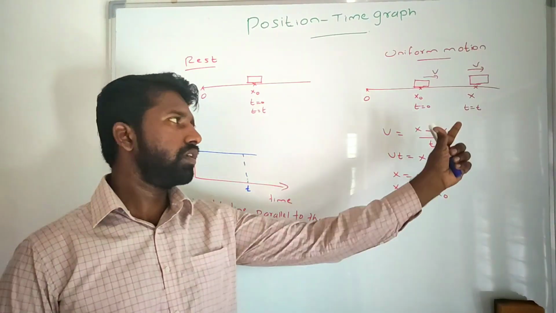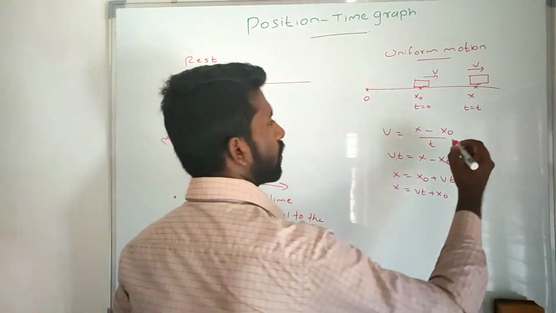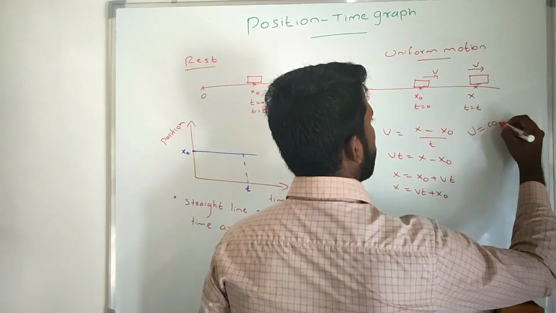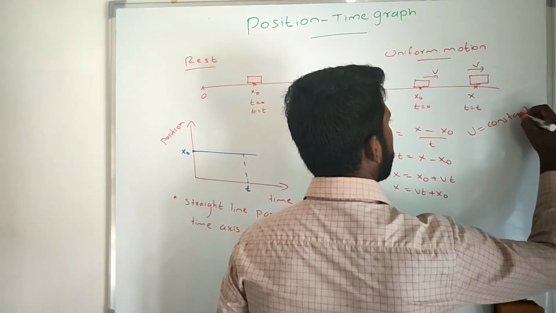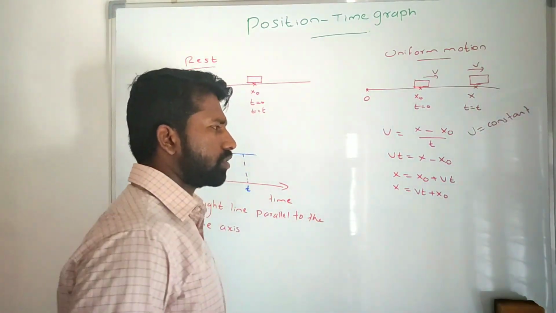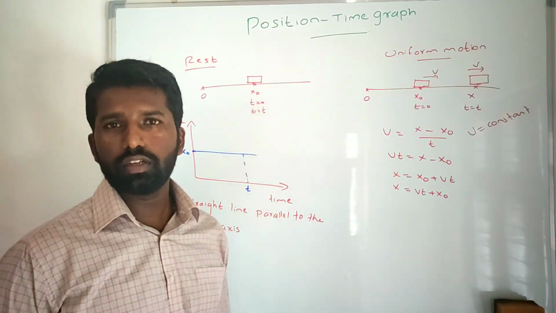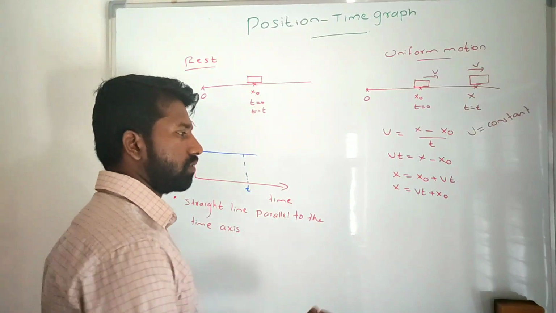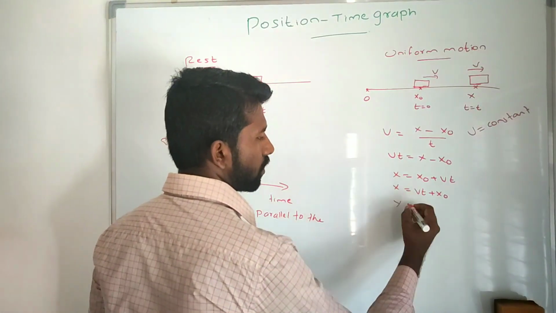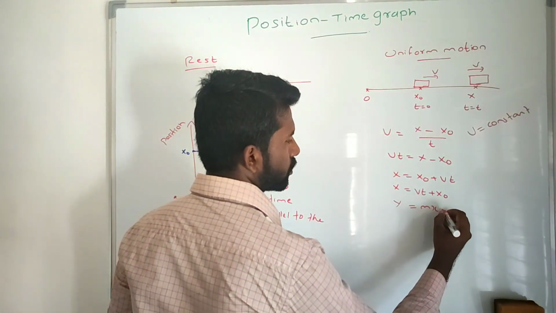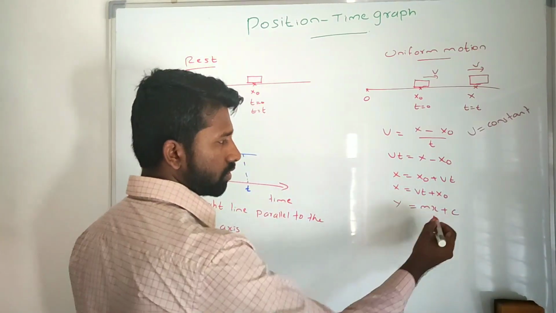In uniform motion, velocity is constant. This equation I have seen somewhere in a similar form: it is the equation of a straight line. What is the equation of a straight line? y is equal to mx plus c. This is similar.